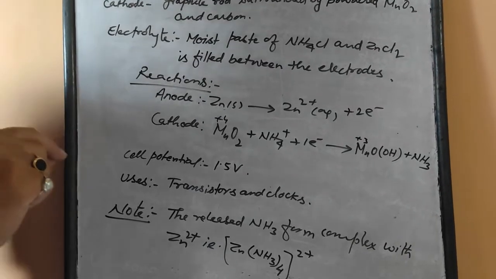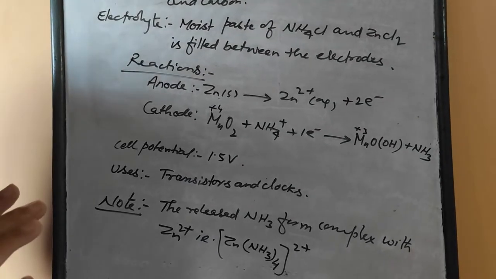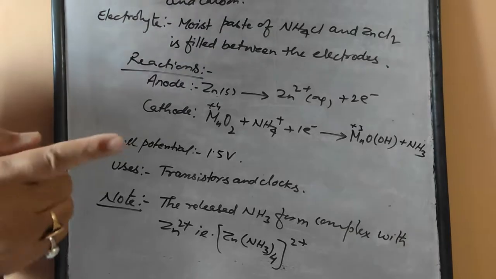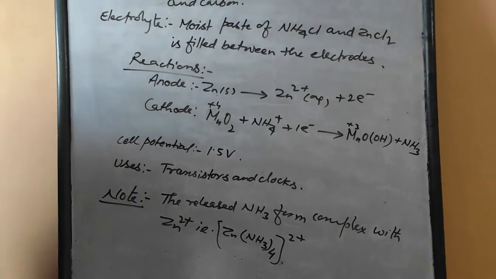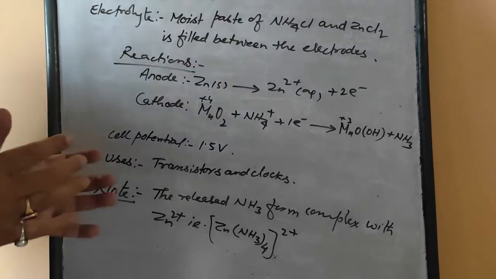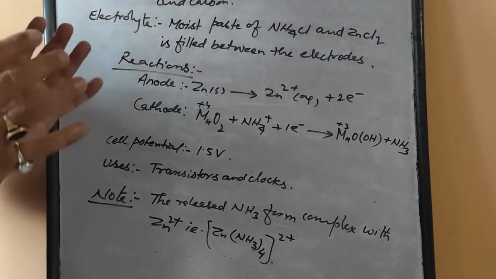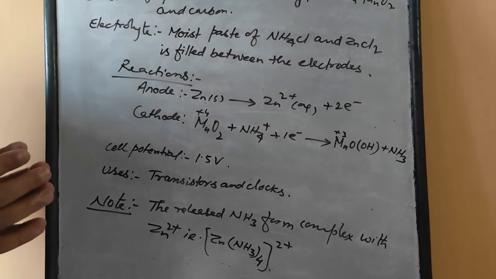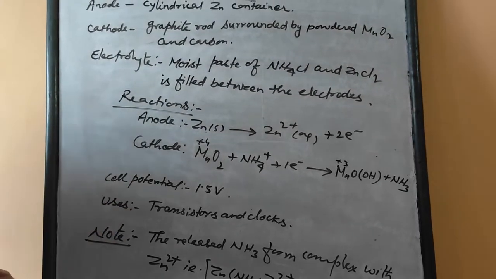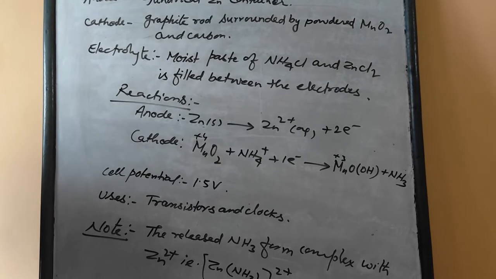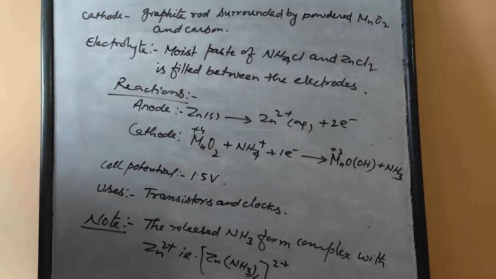The cell potential is fixed at 1.5. In your remote, you are using a dry cell and the potential is again 1.5. So on the basis of how big or small the dry cell is, the cell potential does not vary. This cell potential is always constant here.